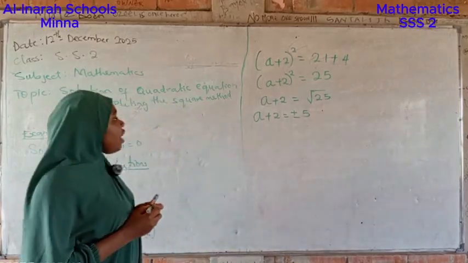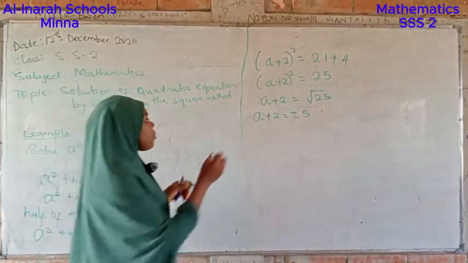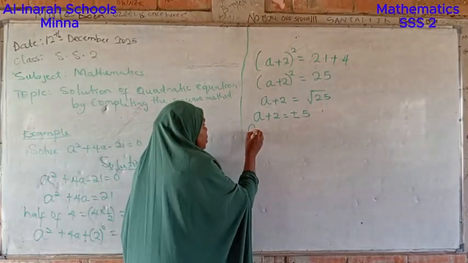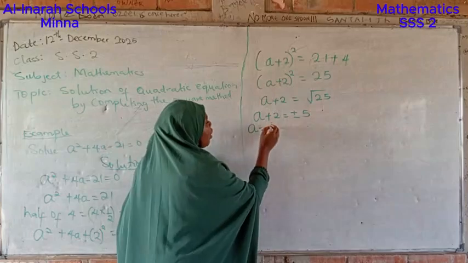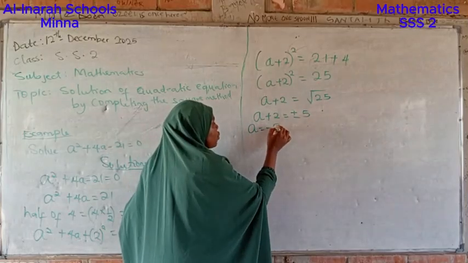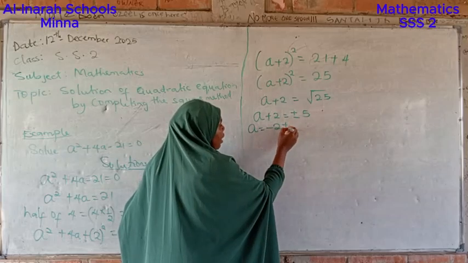Now, I want to look for the value of a. How do I get that? To make a the what? The subject of the formula. I will say a is equal to this 2, if it's moved here, it will change to minus 2, and I already have plus or minus 5 here.